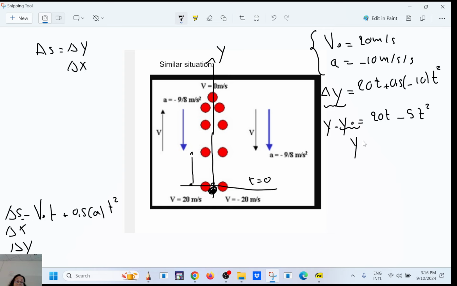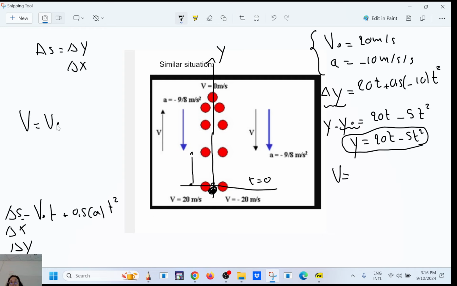So y equals 20t minus 5t squared. Okay, so that's a free fall situation. The only force acting on it is the force due to gravity. Okay? Can you find the equation for V?